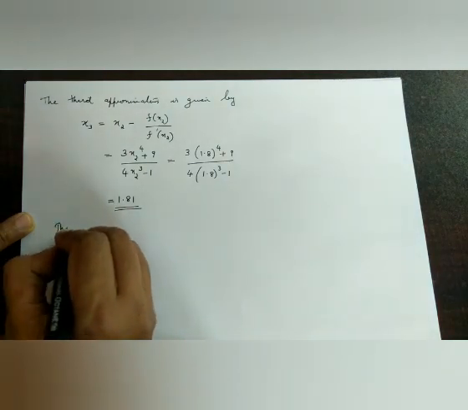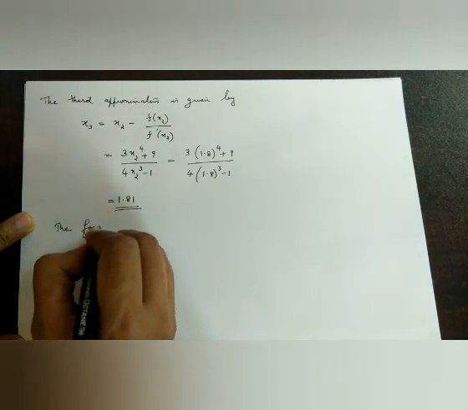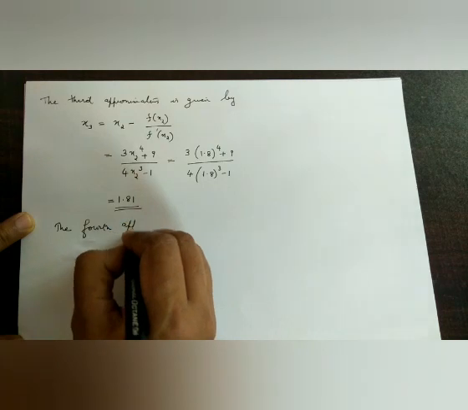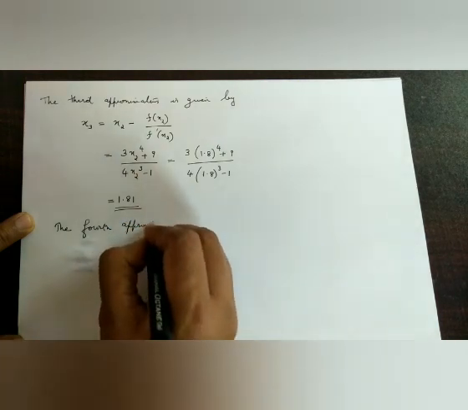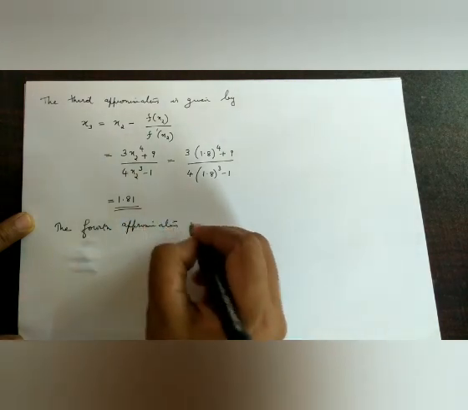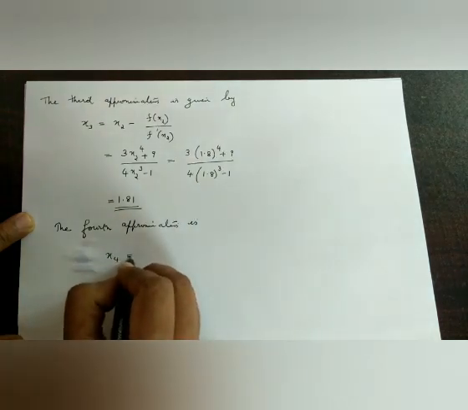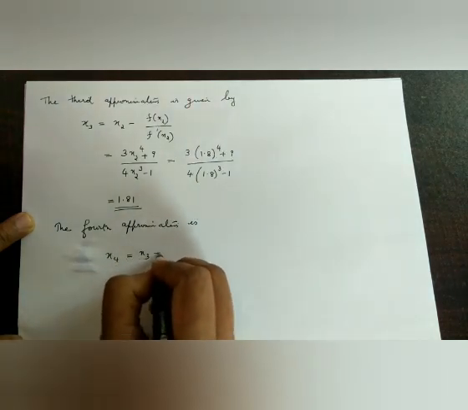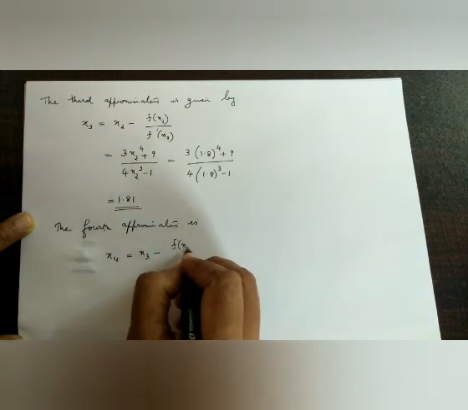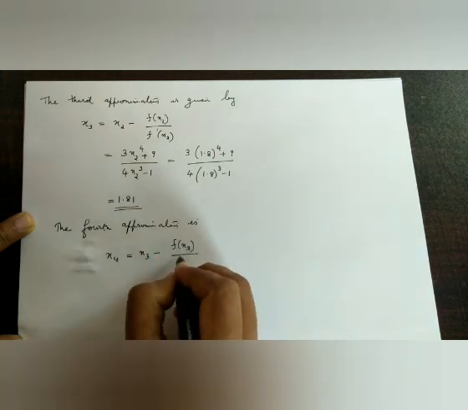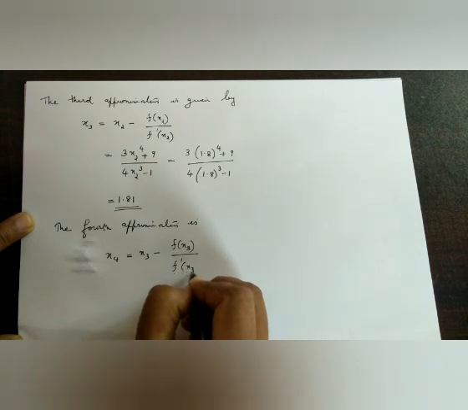Now the fourth approximation is given by using the same formula by putting n = 3. This x4 = x3 - f(x3) / f'(x3).